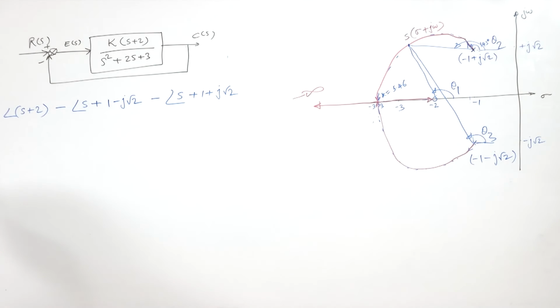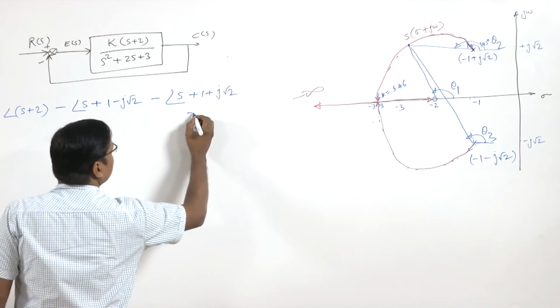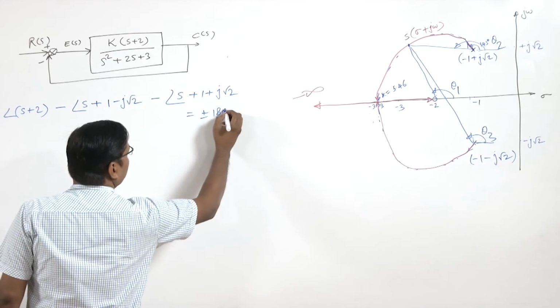And this must be equal to plus or minus 180 degrees times 2k plus 1.